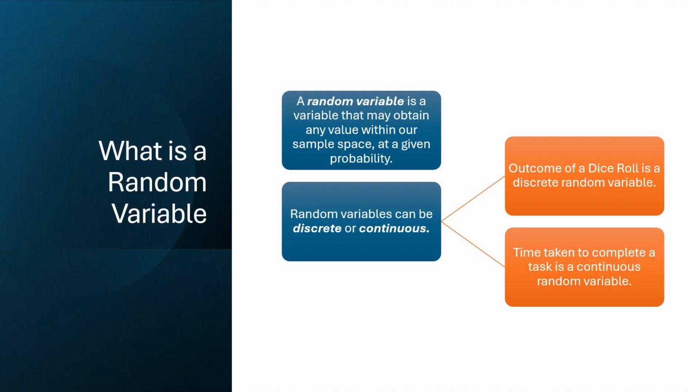On the other hand, we have continuous random variable. Let's say consider time taken to complete a task. It can assume infinite values, and as a result, we may not be able to compute the probabilities of each of these possibilities.